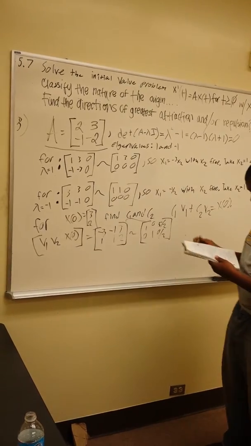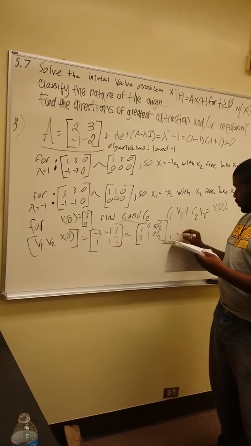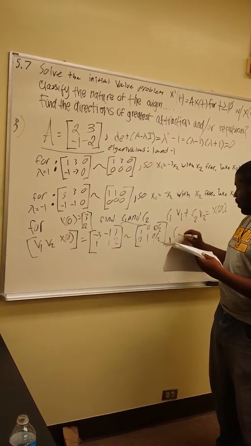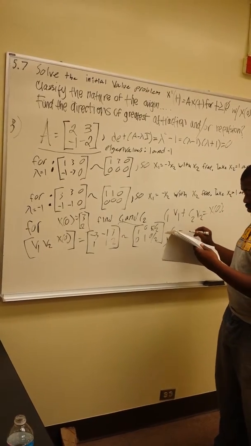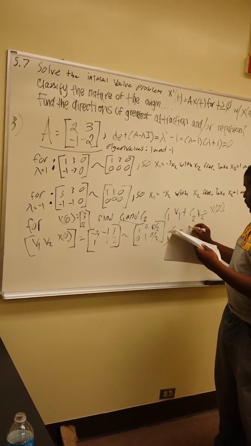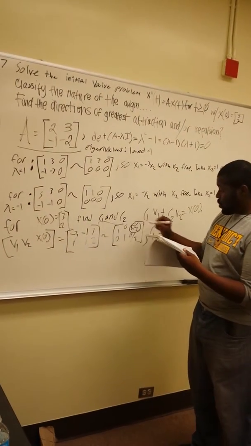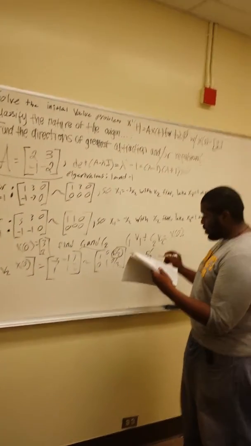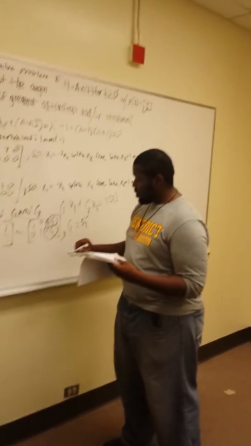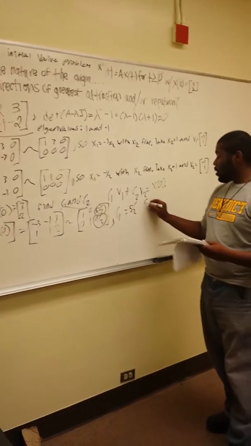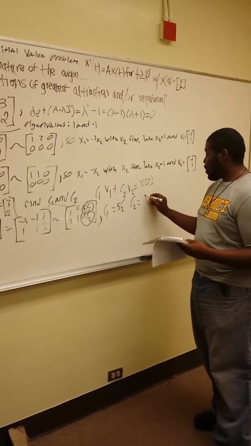Thus, C1 is equal to 5 over 2, which we have here. C2 is this here, which is 9 over 2.